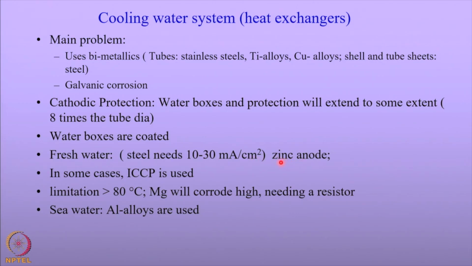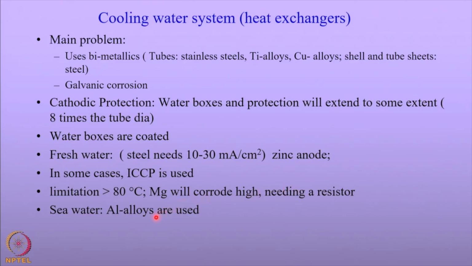However, if the temperature goes beyond 80 degrees Celsius, zinc anodes cannot be used, and magnesium needs to be used in this case. But if magnesium is used, it corrodes very fast and offers over protection, needing a resistor to control the current delivered for protection of the structures.